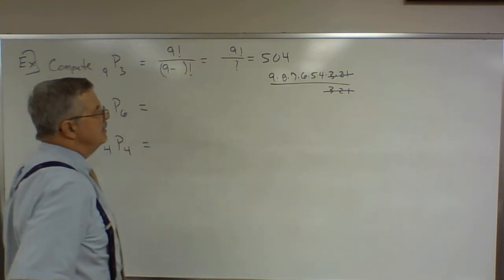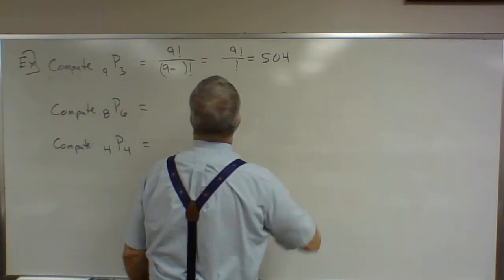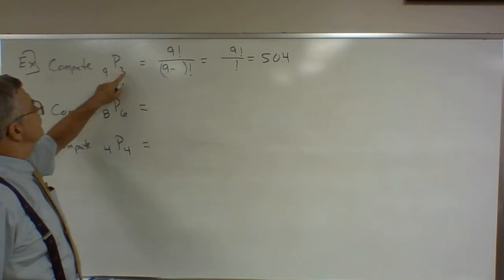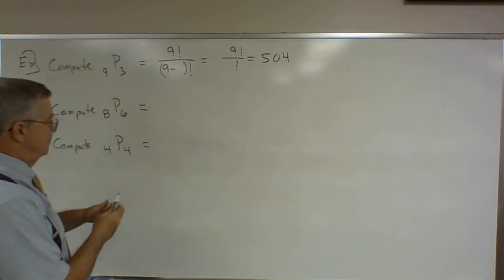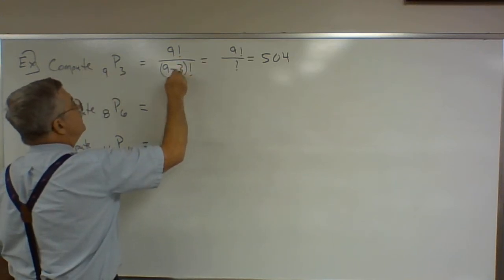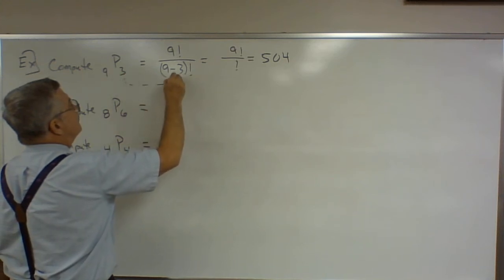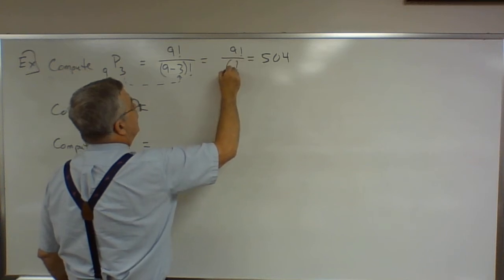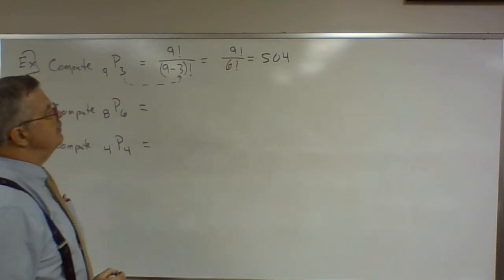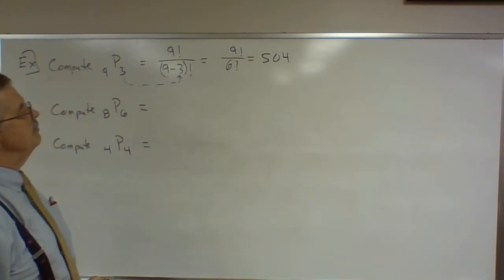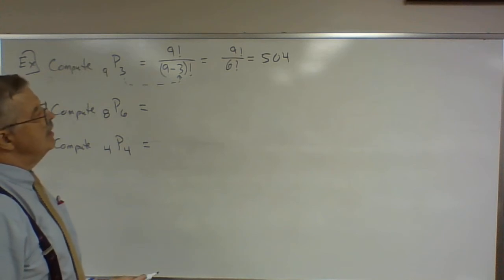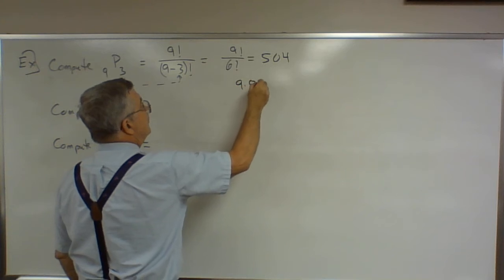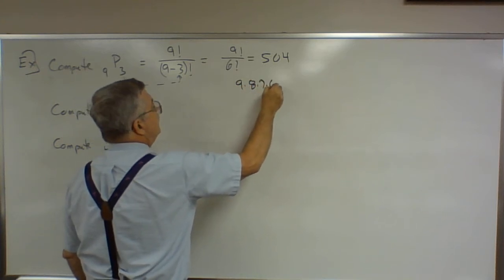I see exactly why that didn't look right. A permutation of a set of 3 elements chosen from 9. This should be a 3 here, not a 6. So that's 9 factorial over 6 factorial, 504. Now let me just make sure that that makes sense. It looks good, but let me just check it out.